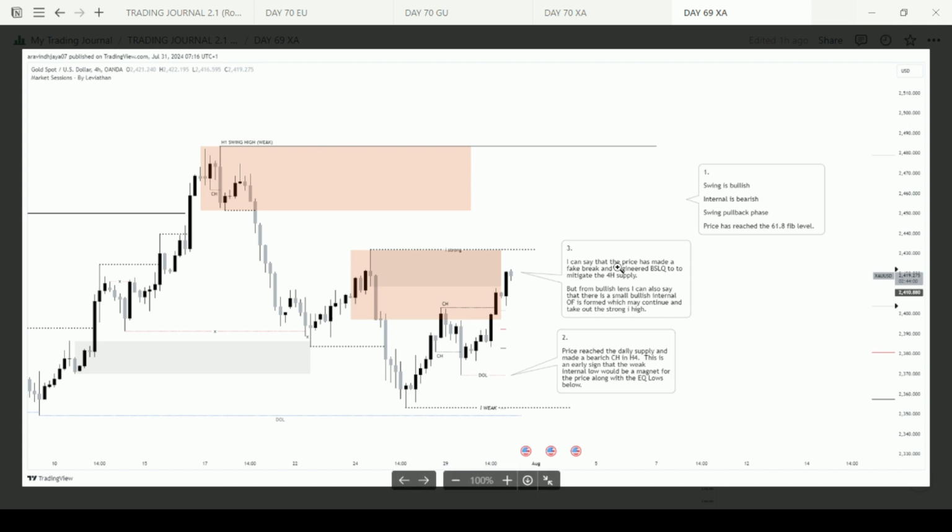Actually the price has tapped into the 4-hour supply, but the fractal structure is still bullish. So what I can expect is only when the price makes a bearish shift, I can expect at least the price can go till this 4H demand. So I was waiting only for that.